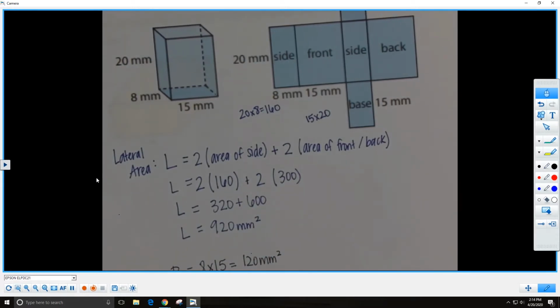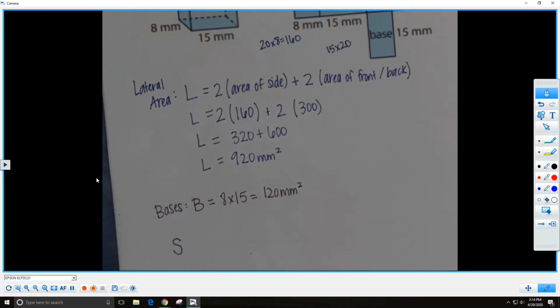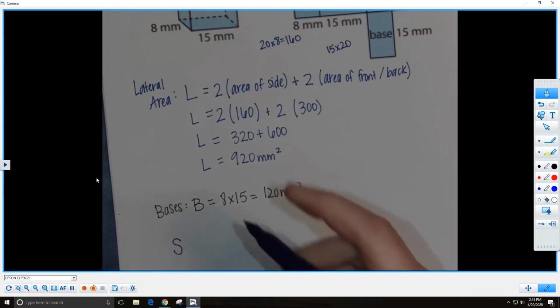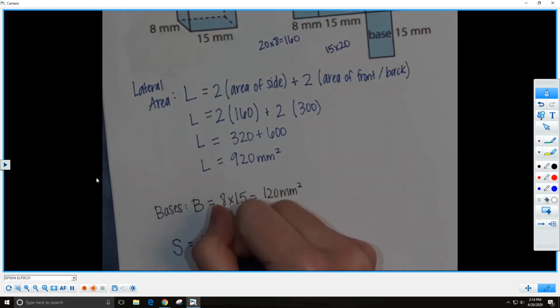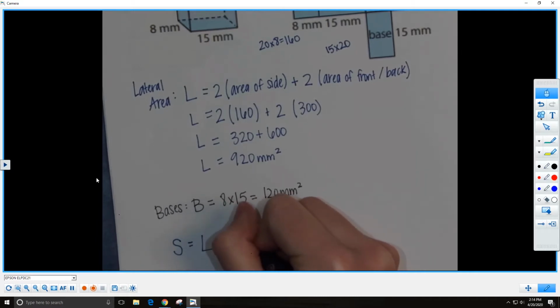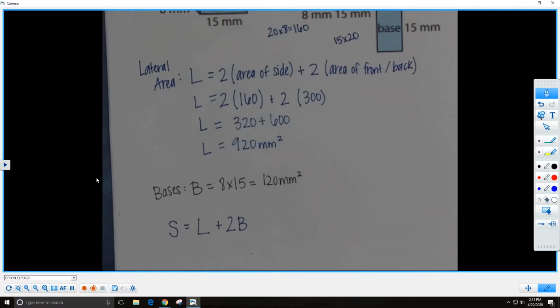Now, keep in mind that there are 2 bases, and we will use that in just a second when we figure out the entire surface area. So now let's find the sum of all the areas to find the surface area, which we're going to indicate with a capital S. So the surface area is the lateral area plus 2 times the base, because there are 2 bases.